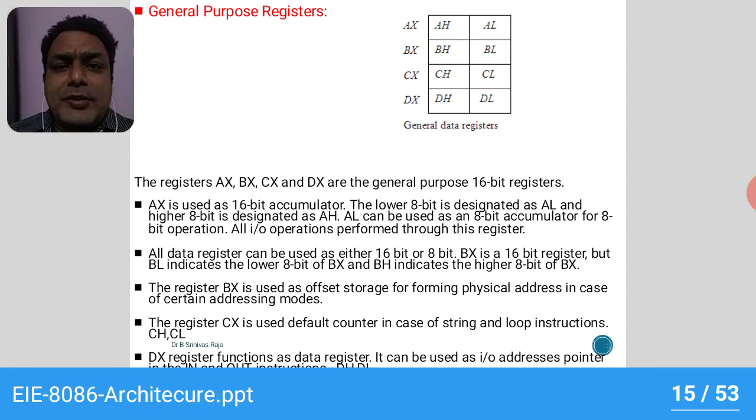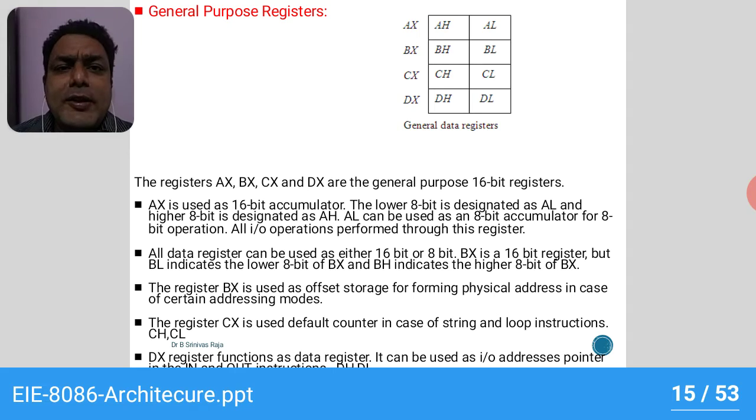All IO operations are performed through the AX register. All data registers can be used as either 16-bit or 8-bit. So BX is a 16-bit register where BL and BH are lower order and higher order bits respectively. BX is used as offset storage for forming physical address in case of addressing modes.